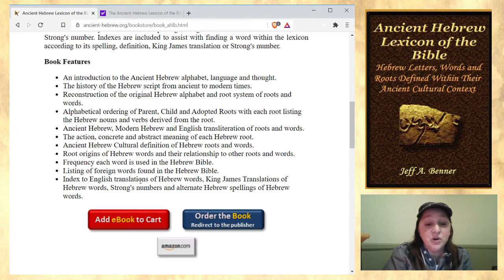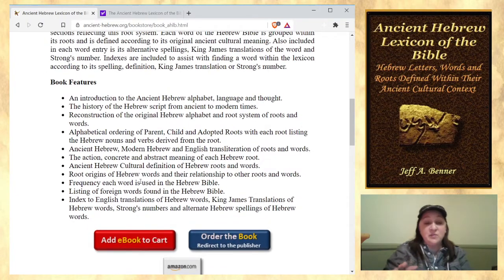Frequency each word is used in the Hebrew Bible. Listing of foreign words found in the Hebrew Bible. Index to English translations of Hebrew words, King James translation of Hebrew words, Strong's numbers, and alternate Hebrew spellings of Hebrew words.